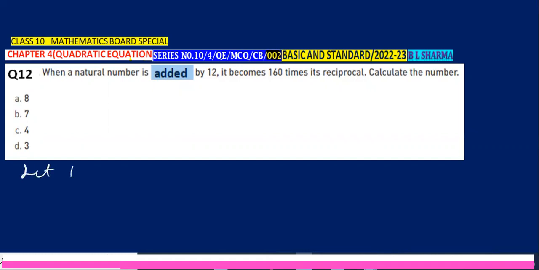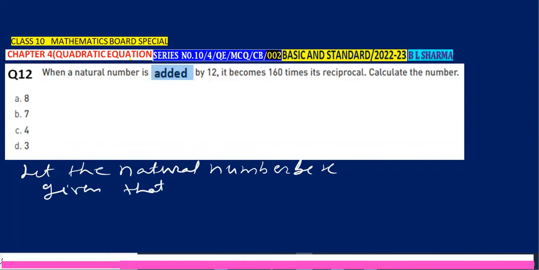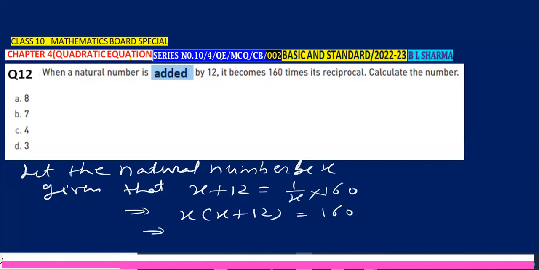So let the natural number be x, and it is given that if we add 12 to the natural number, it will be 160 times its reciprocal. So on cross multiplication, that is x square plus 12x minus 160 is equal to 0. So we can factorize it.